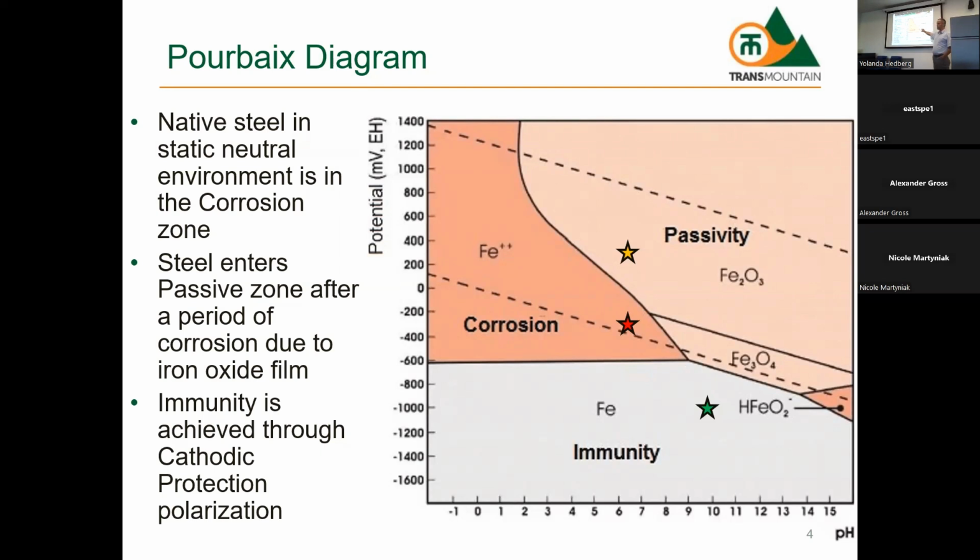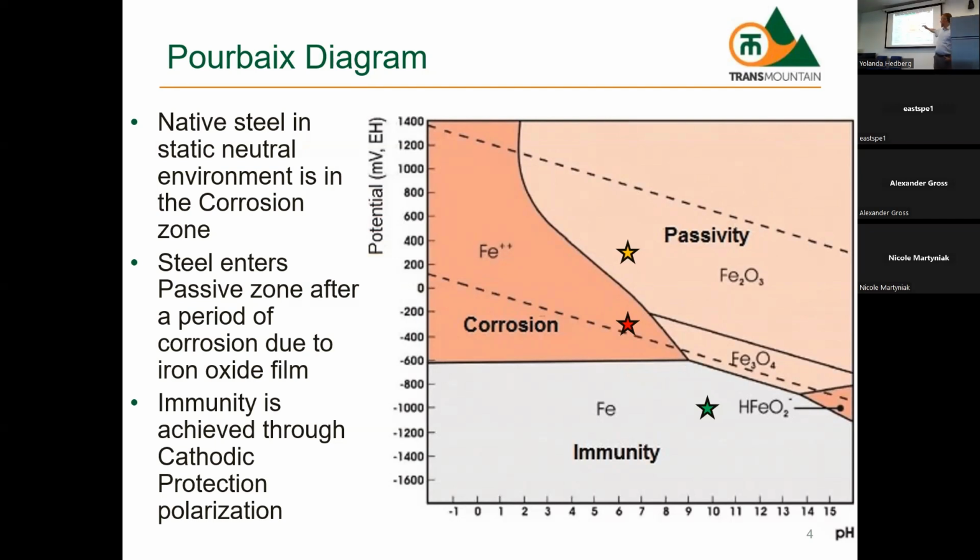So we would cathodically protect something and go from the red star into the green star. Okay? Is it advancing online? It's good. Okay. So this is important. We're doing two things when we cathodically protect a metal. Number one, we're putting electronegative energy into it.